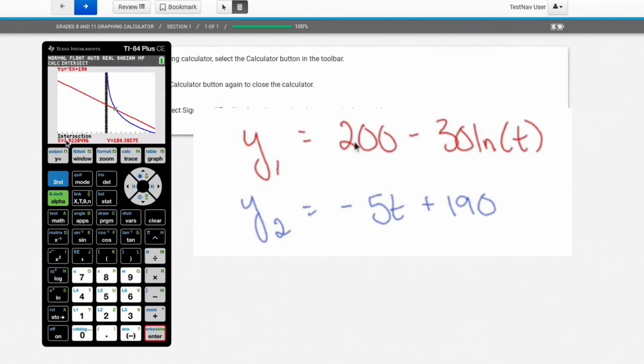This isn't my answer. If I notice my graphs, this is the ln one, and since it's negative ln, that's why it's curling down like that. It's a mirror reflection over the x-axis. This is the linear guy.